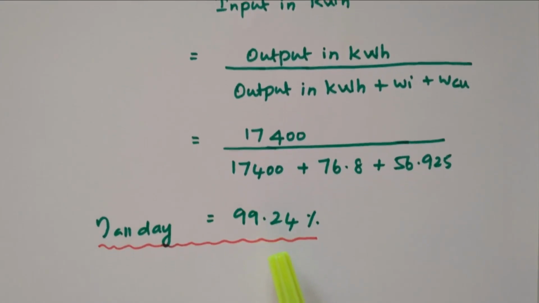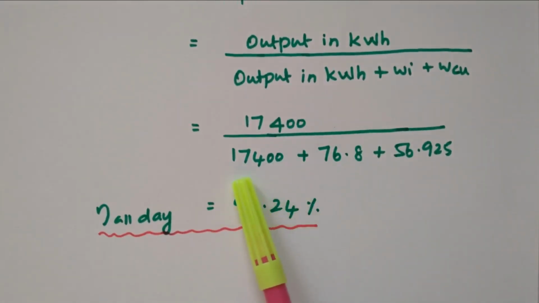So the output is 17,400 that we already calculated, divided by 17,400 plus 76.8, which is the iron loss for 24 hours, plus 56.925, which is the copper loss for 24 hours. So output divided by output plus iron loss plus copper loss is the efficiency.